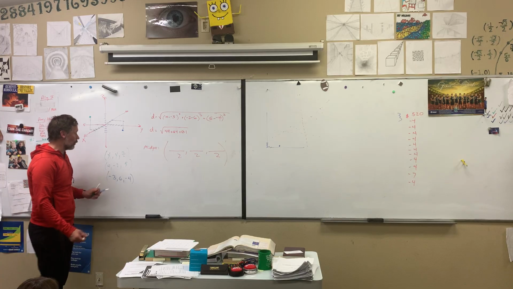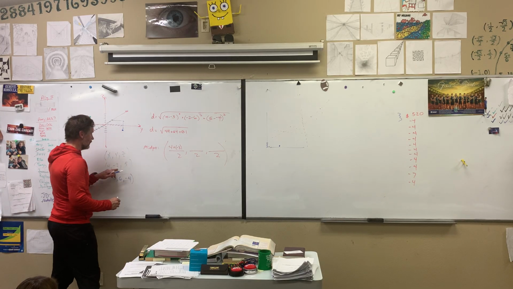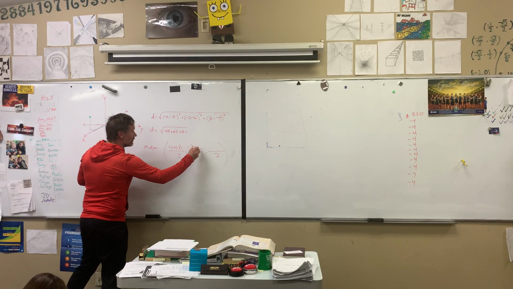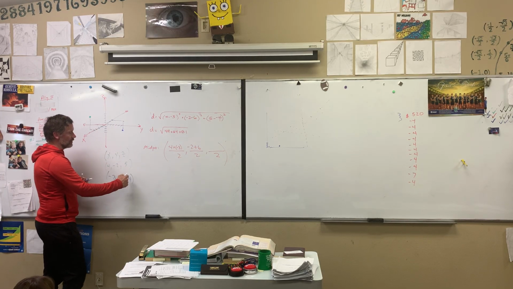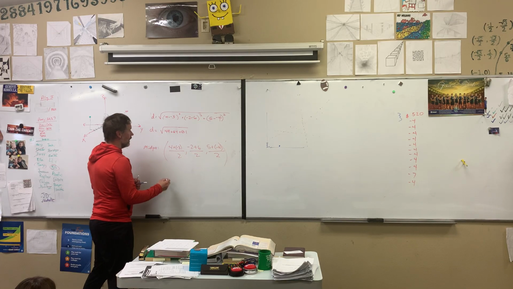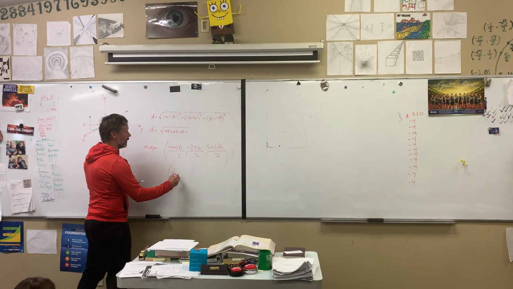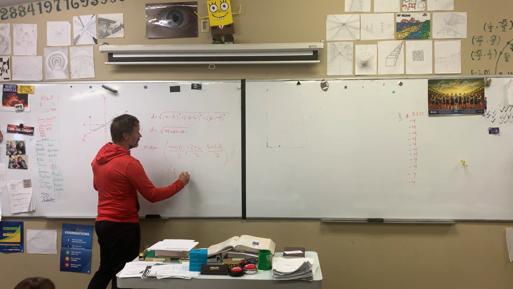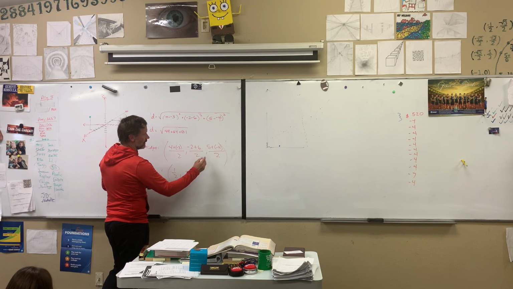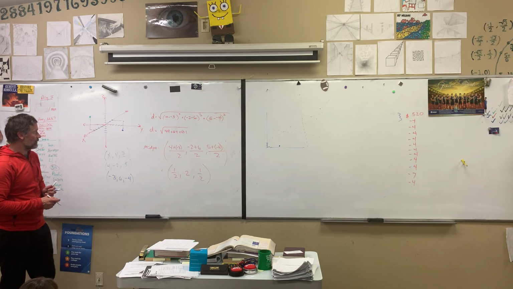You're going to take 4 plus a -3, and then a -2 plus 6, and then 5 plus a -4, like that, and then find the average of all those. So it would end up being 1/2, and then 2, and 1/2. So that would be your midpoint right there.